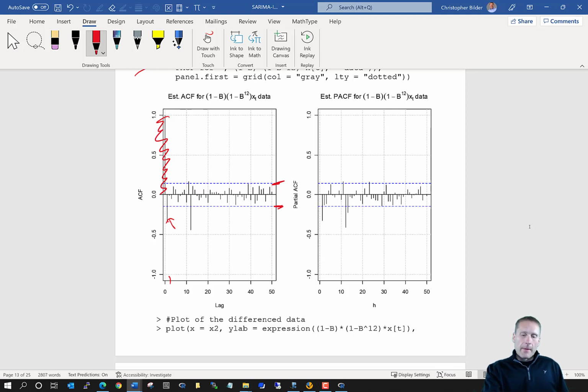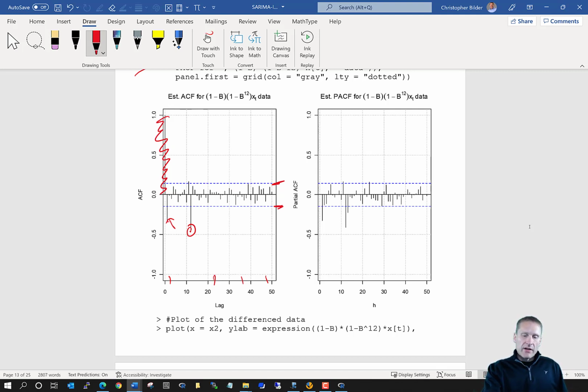Now, at lag 12 here, we see the seasonality part of the moving average aspect of the model. We have this significant value there. Again, after lag 12, at multiples of 12, I should have non-significant values, and that's what we see at about lag 24, lag 36, and lag 48 as well.